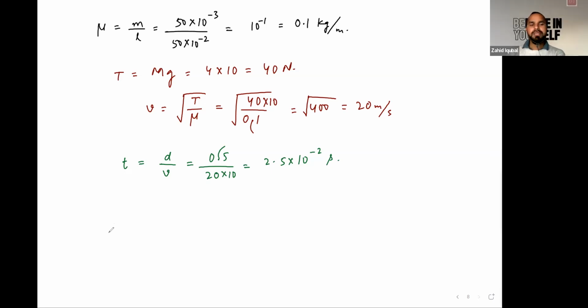Next, we may transform this particular formula in some other way also. Suppose a string is hung vertically and a block is attached to its end, so that block is responsible to generate tension in the string.